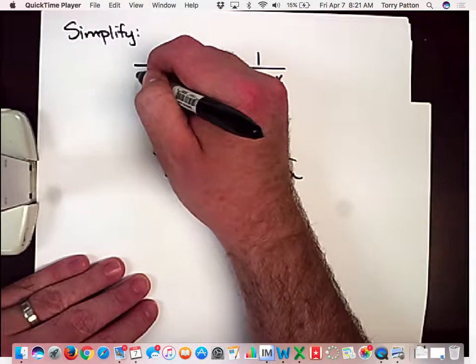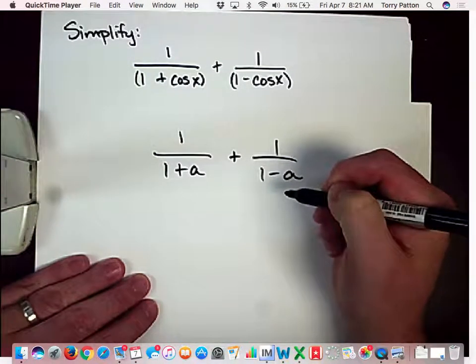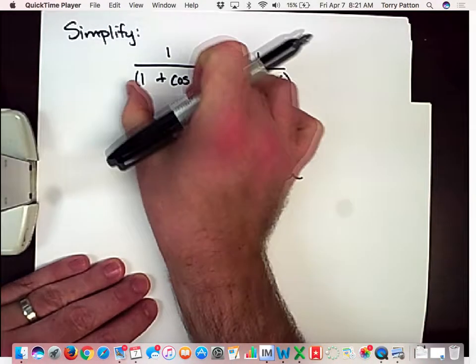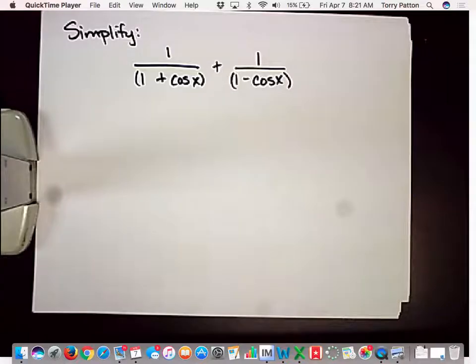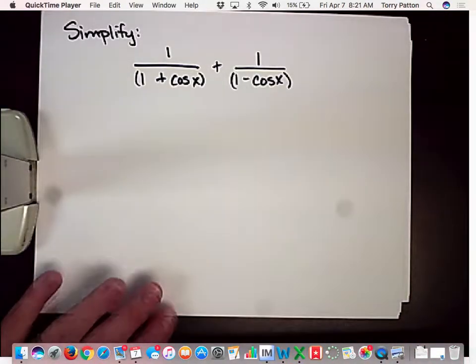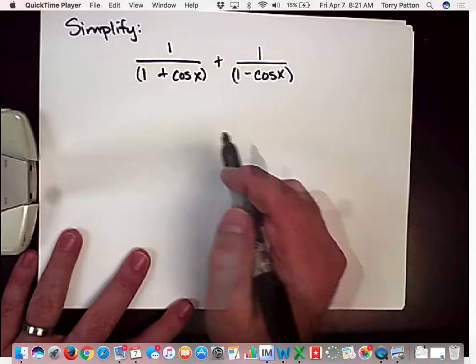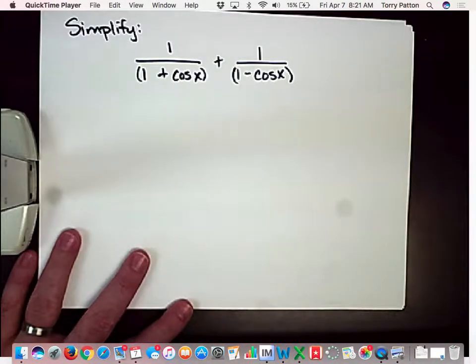And you have to think of these as the whole term, the whole factor. So what would the common denominator be? Multiply them together, which is 1 plus cosine times 1 minus cosine, right? So to get that, what do we need to multiply top and bottom of this one by?